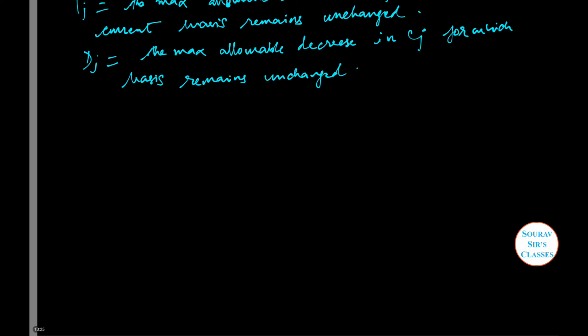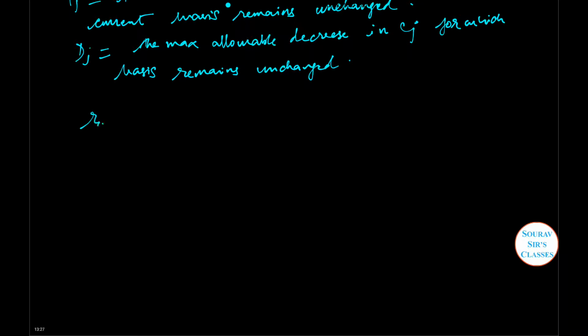Now we define a ratio Rj, where Rj is equal to the actual change in Cj, that is delta Cj, divided by Ij, the maximum allowable change in it. This formula is applicable if delta Cj is greater than 0.